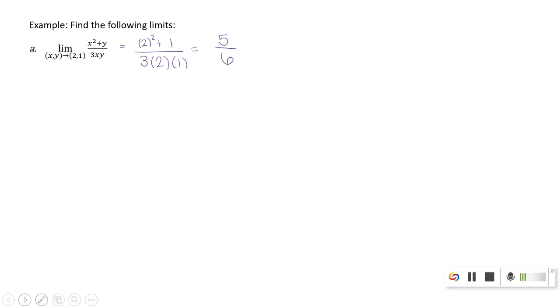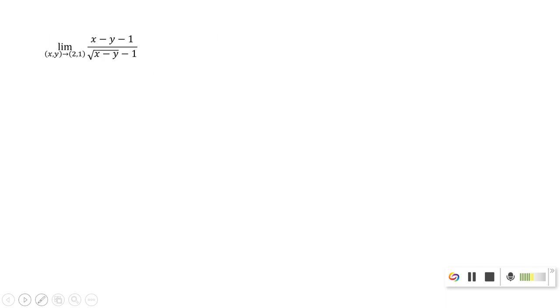And that's my answer. The answer to this limit is 5/6. So as we approach the point (2, 1), our z-values, or our outputs, approach 5/6. And again, this direct substitution is going to work unless we get one of those indeterminate forms.